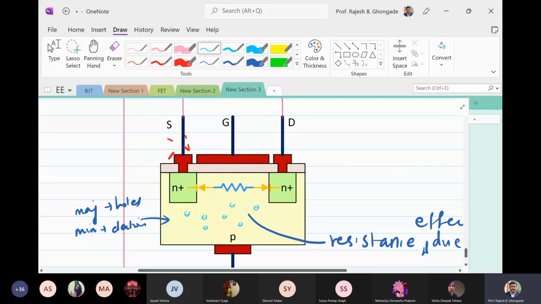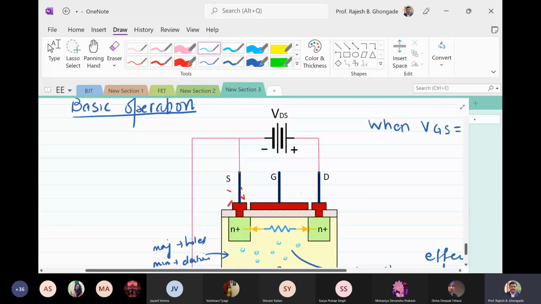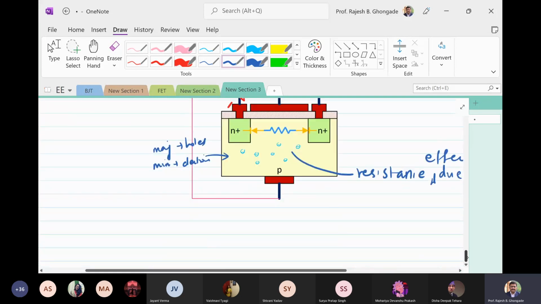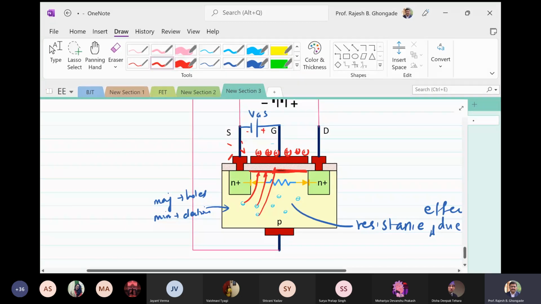When some positive voltage is applied, things will change. Let us see what will happen. When we apply some positive voltage between gate and source, VGS, what do you think will happen? Positive charge will be created here, just like negative charge on the other side, because this is positive. So this side will start attracting electrons.